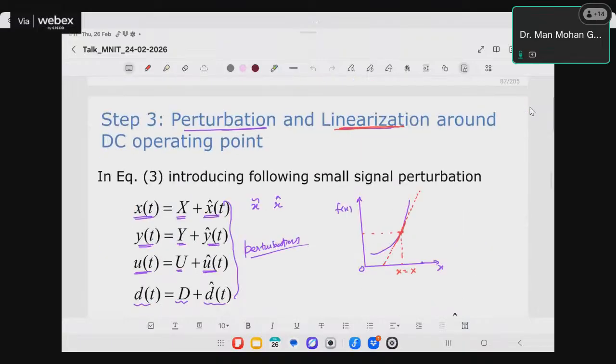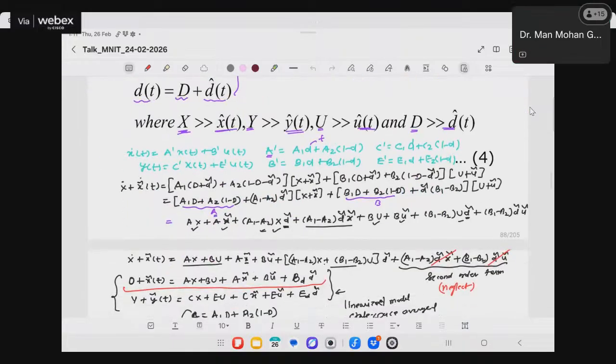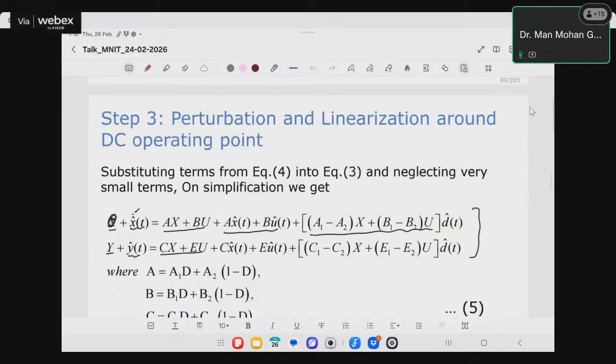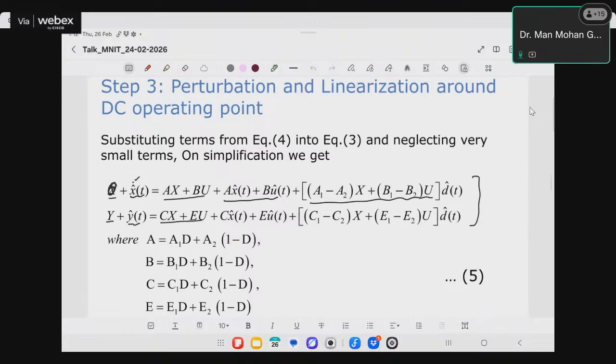These perturbations are such that they have very small value in comparison to their corresponding DC value or average value. Then we have done these derivations, and after that we found that the linear model which we obtained is given by these two equations, and these two equations contain the DC model as well as the AC model.